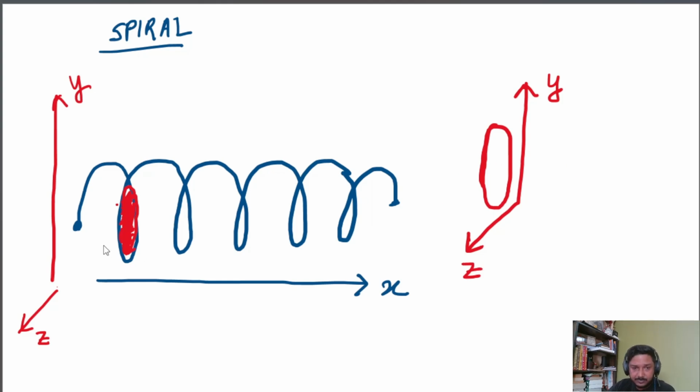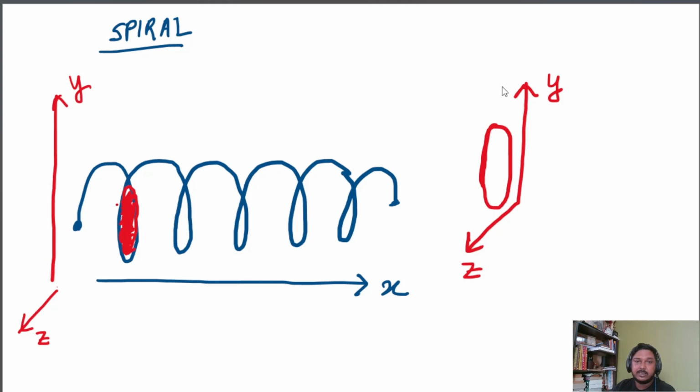So here the particle rotates in the yz plane and translates in the x direction. Again I am telling, it rotates in the yz plane and translates or moves in a straight line along the x direction. So this kind of motion is called a spiral motion.